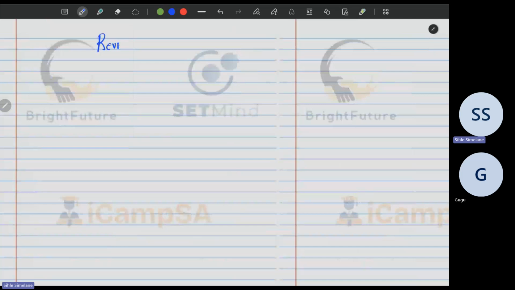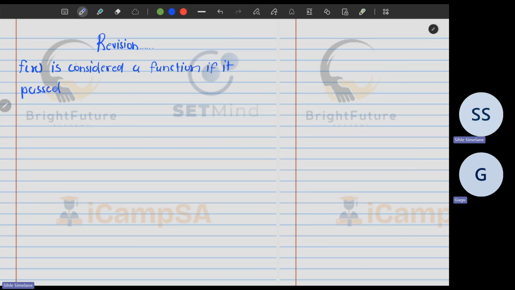So I'll just say here, this is just a quick revision. So if you remember, f of x is considered a function if it passes the vertical line test. So f of x is considered a function if it passes, it's a bit cold today, my handwriting is something else, the vertical line test.